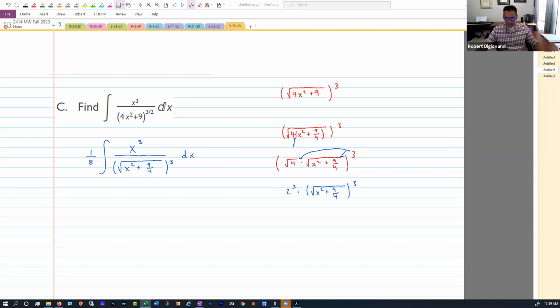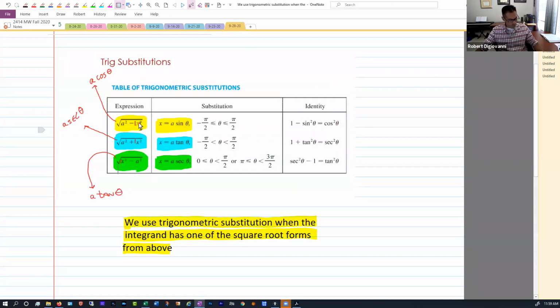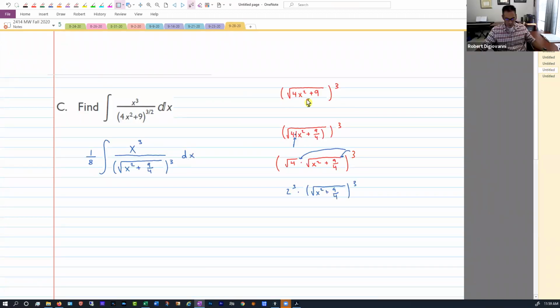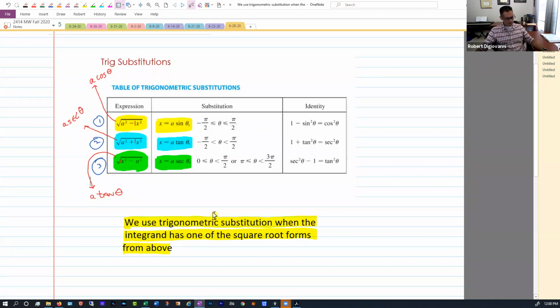What form do we have? When we look at our formula sheets, do we have 1, 2, or 3 here? Here it is, right here. So, which of these forms do we have?